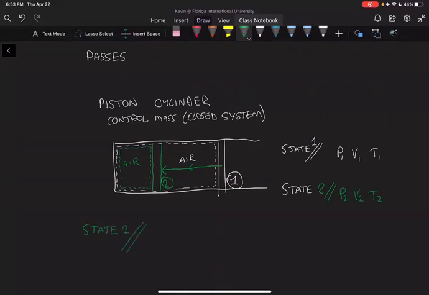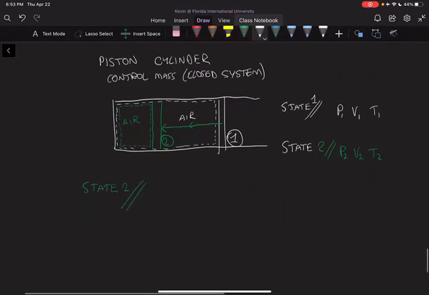Would the pressure 2 be greater or smaller than 1, if we compress from 1 to 2? And again, these are assumptions, okay? We're just assuming what could happen. So let's say we have pressure 1, volume 1, temperature 1, and mass 1.